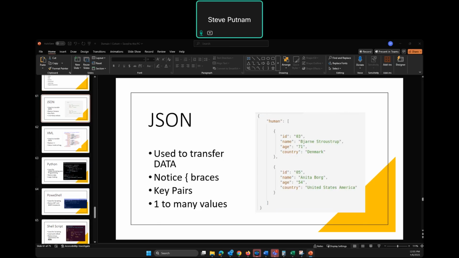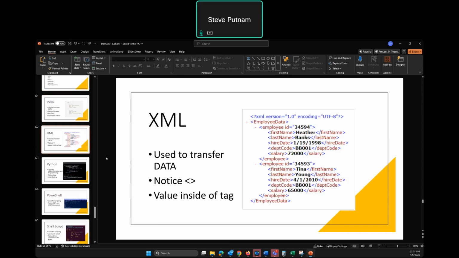We would have to go into that further. I know it's in your reading specifically what they use it for, but particularly it's used to transfer data. XML is also used to transfer data, but you can look for XML that is malformed or that you haven't seen before as a possible indicator of compromise.